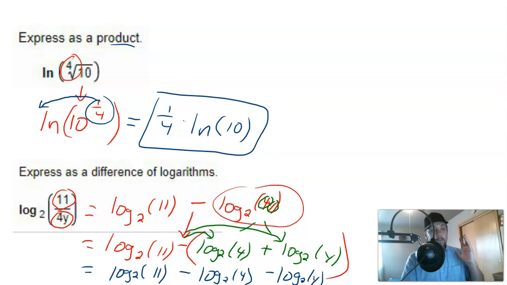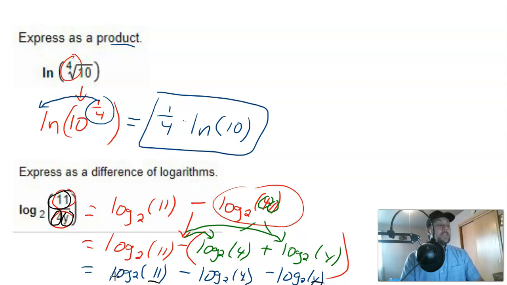And so what I want to point out is there's a shortcut that we can use here. When we're going to split this logarithm up, anything that's being multiplied or divided will get to go inside of its own logarithm. So the 11 goes inside of its own logarithm. The 4, which is being multiplied to the y, those will get split up as well, and each one will go inside of its own logarithm.